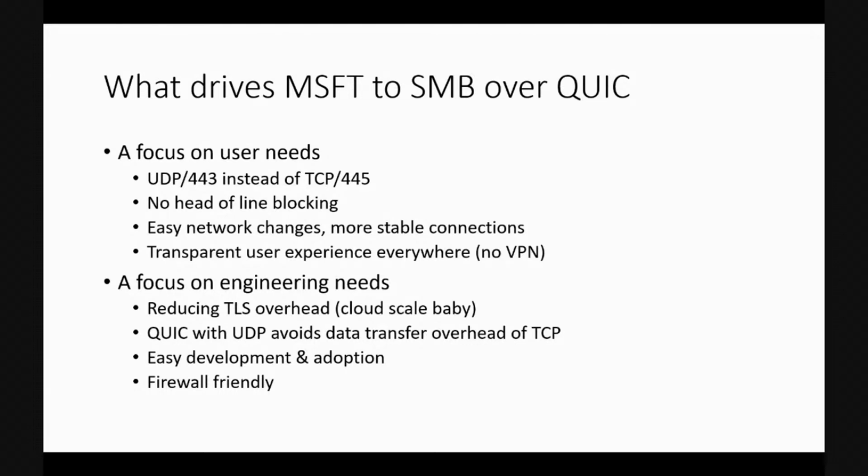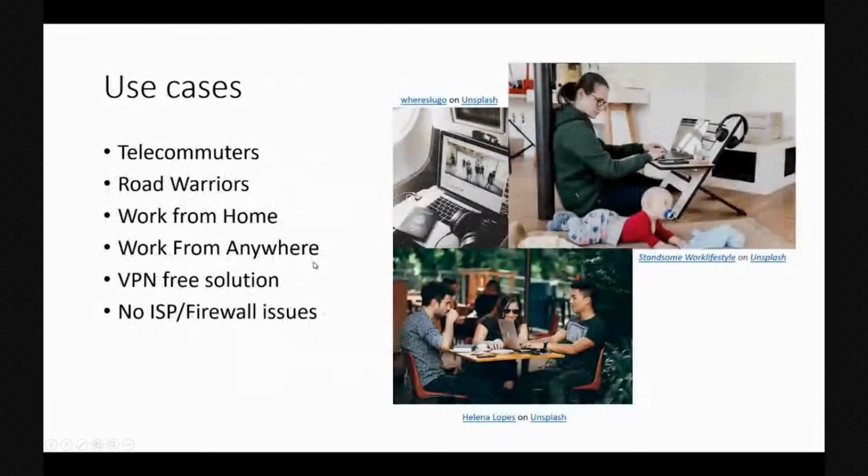So you're coming up with something new. It allows for easy development and adoption, which is also a cool thing. So people don't need to be experts on networking stacks to make it work. And it's firewall friendly because it's UDP and 443. Unless, of course, you find a corporate document, as I did, that said, oh, we need to block this because we have no clue what it is, but we'll block it.